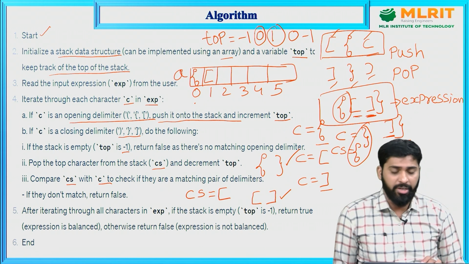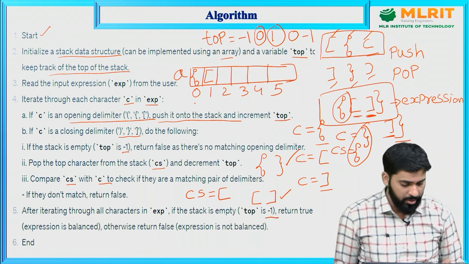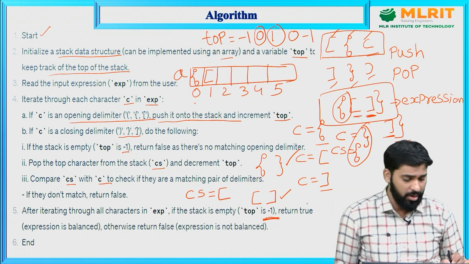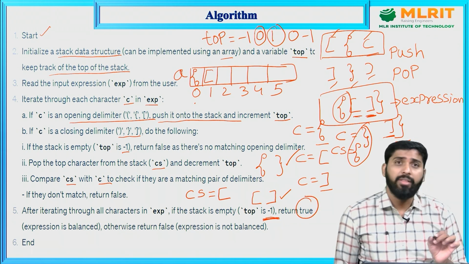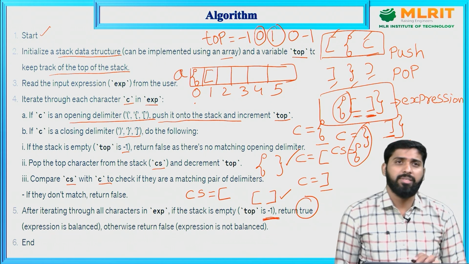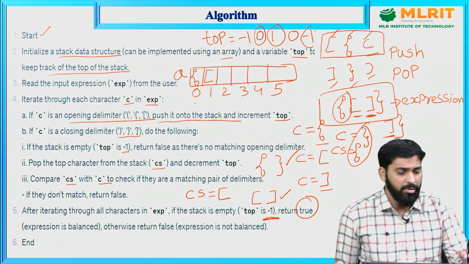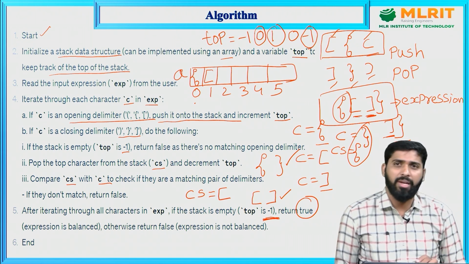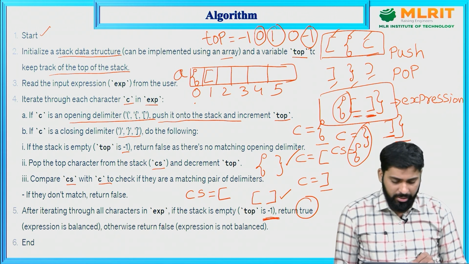Now you check the top value. If the top value is -1, then we assume that the expression is balanced, so we return true here. The top value is -1, so it is balanced. Otherwise, we return false.